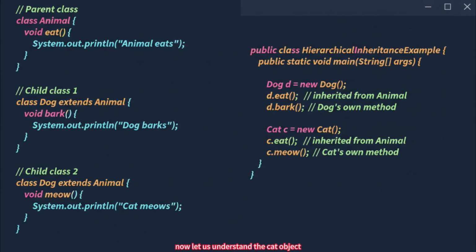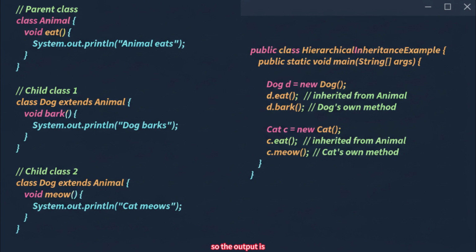Now let us understand the Cat object. We create the Cat object using Cat c = new Cat(). When we call c.eat(), again, the Cat class does not have the eat method. So Java goes to its parent class, which is Animal, finds the eat method there and executes it.